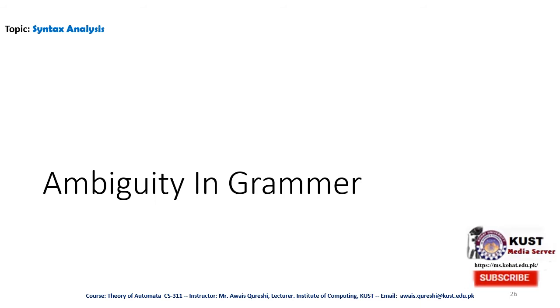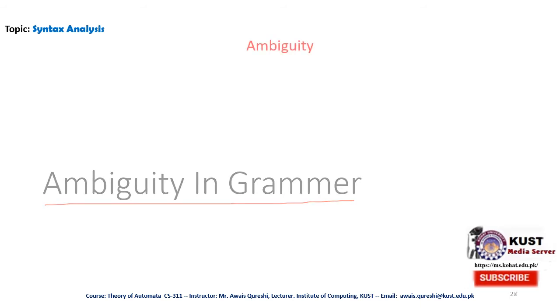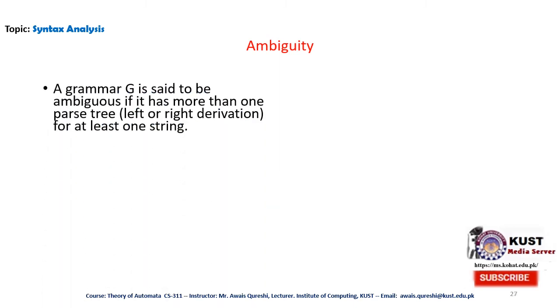There is also a concept in grammars, and that concept is very crucial to the parse tree, and that concept is called ambiguity in the grammars. So what is ambiguity in the grammar? A grammar G is said to be ambiguous if it has more than one parse tree.